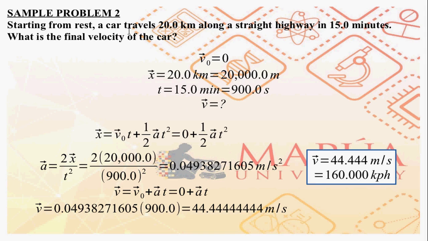Clearly, the car moved. It traveled 20 kilometers. So even though its initial velocity is 0, for it to travel 20 kilometers, the velocity of the object must change. So there is a rate of change of velocity, there is acceleration of the object, and the final velocity may be different from the initial velocity.